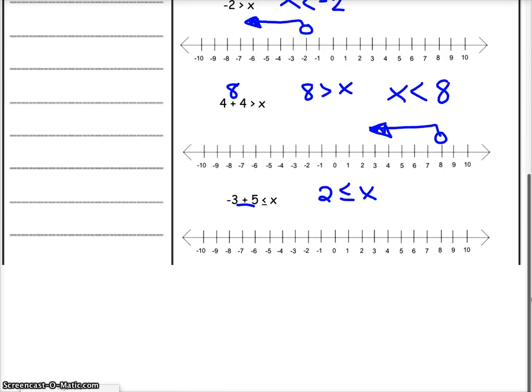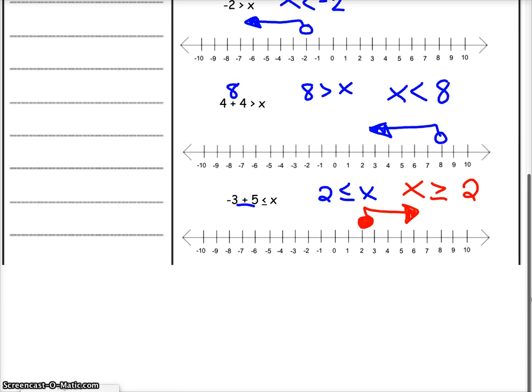My variable's on the right. I need it on the left. X. What's facing it, open mouth or point? So I keep the open mouth facing it, and then I write the number. Where's my circle? Two. Do I color it in? Yes, and go to the right.